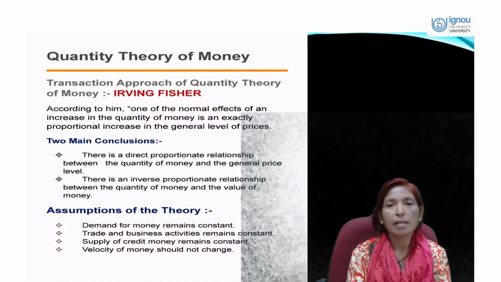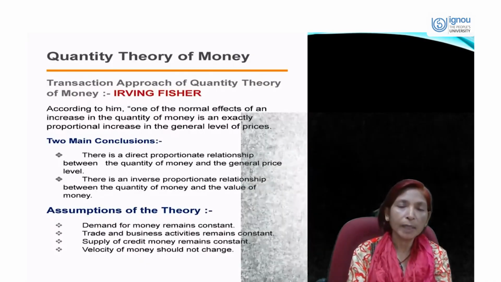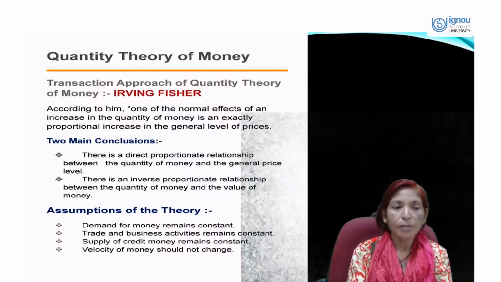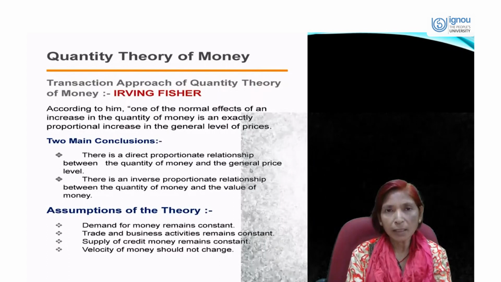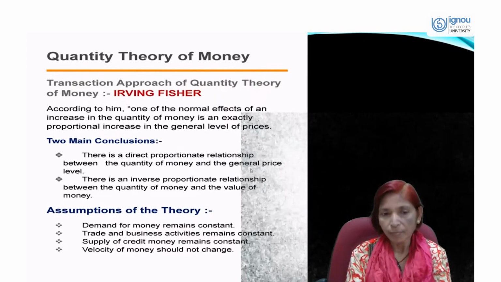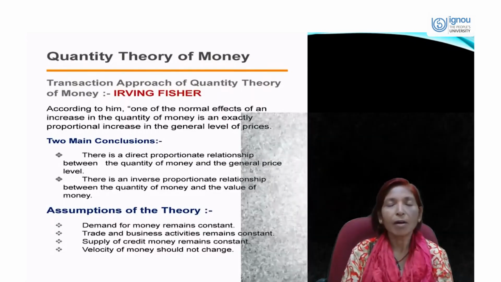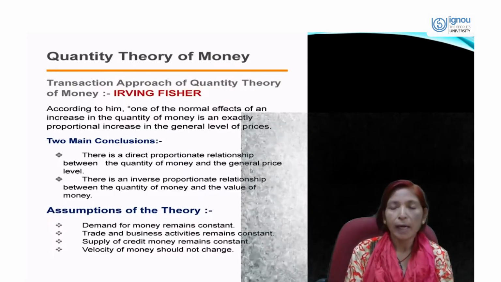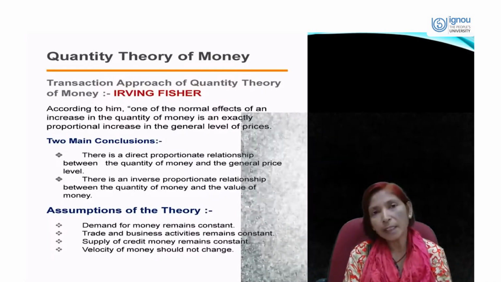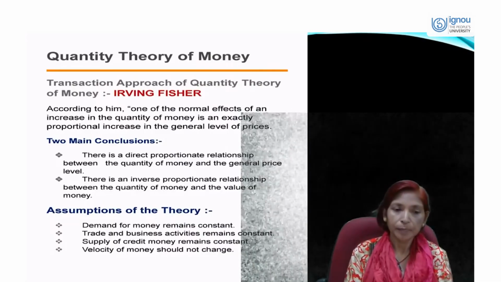Second, there is an inverse relationship between the quantity of money, also known as money supply, and the value of money. The third conclusion is that price level and value of money also have an inverse relationship.